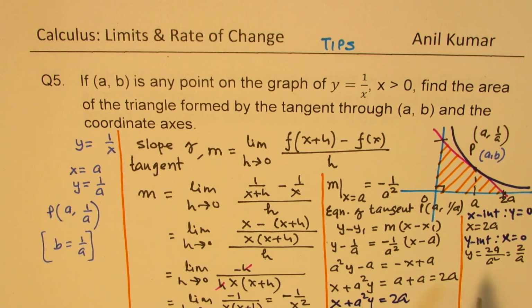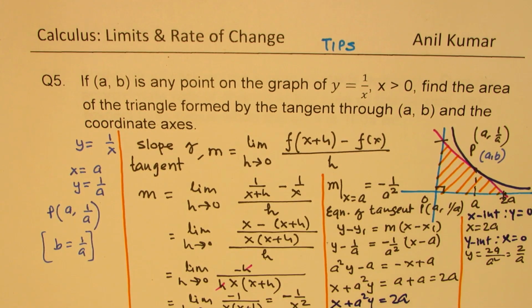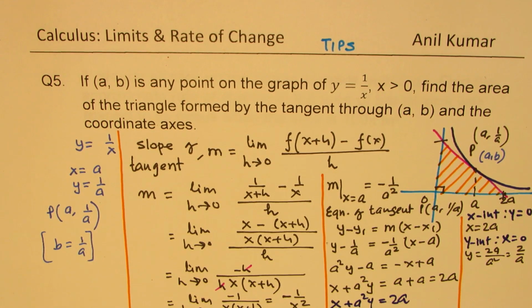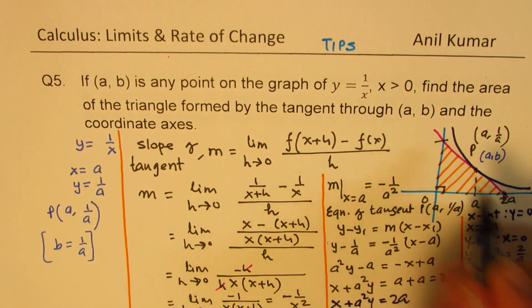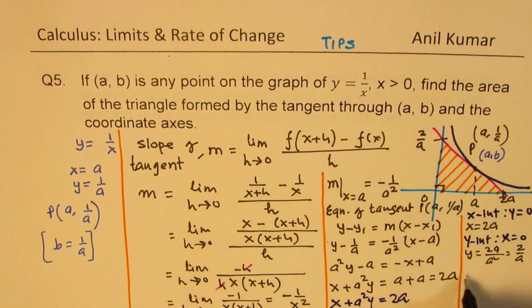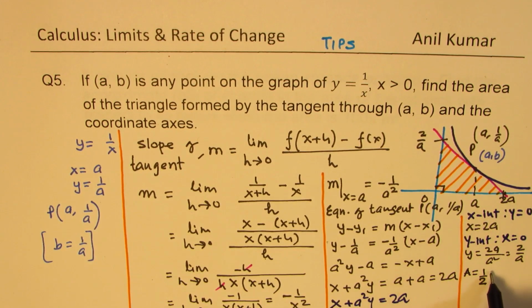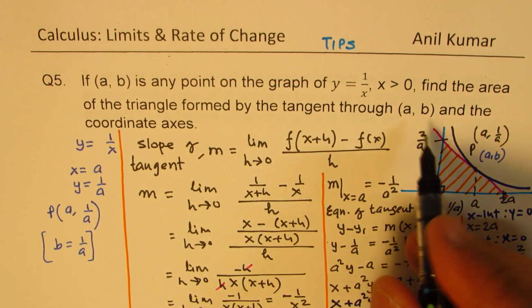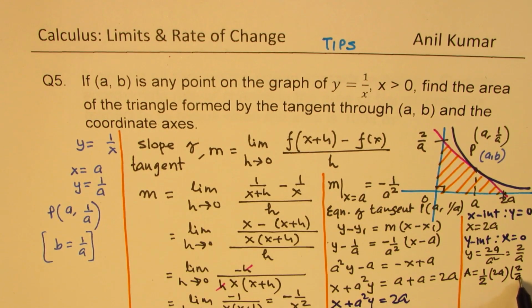Correct? Now, the area is half base into height. So we know the base is 2a, and the height is 2 over a. So the area equals half of the base, which is 2a, times 2 over a.